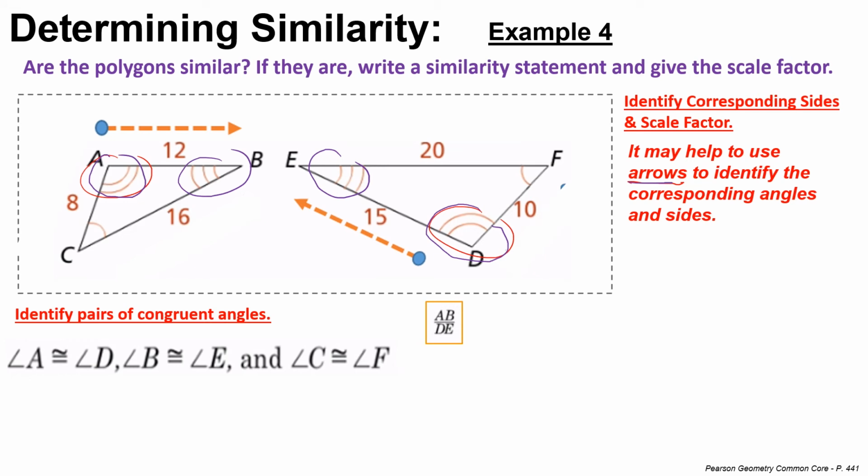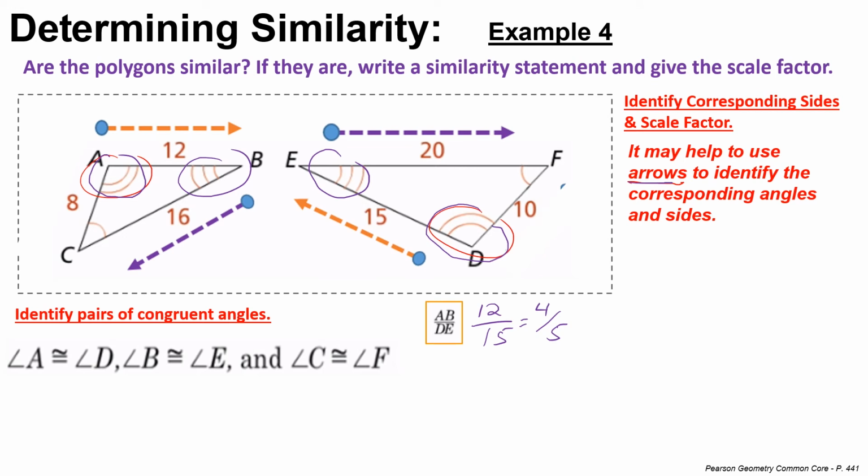AB is 12 and DE is 15. Let's reduce the fraction. That reduces to 4/5, since they're both divisible by 3. Next, BC. Right here, we have the 3 arcs and 1 arc.